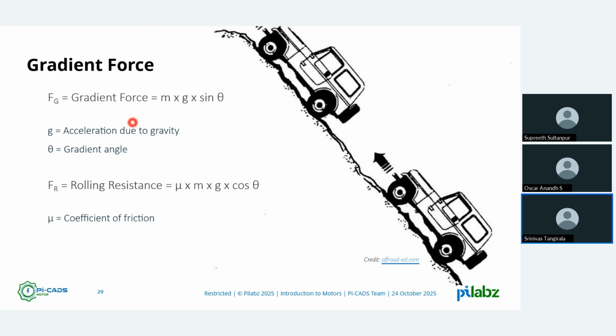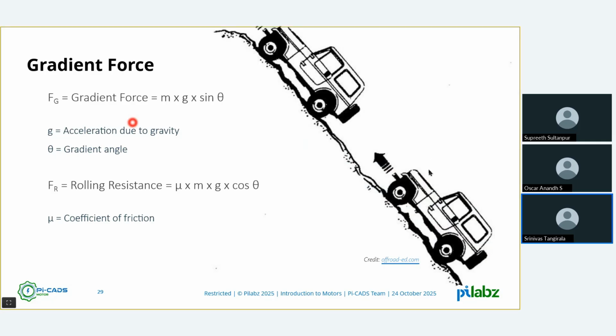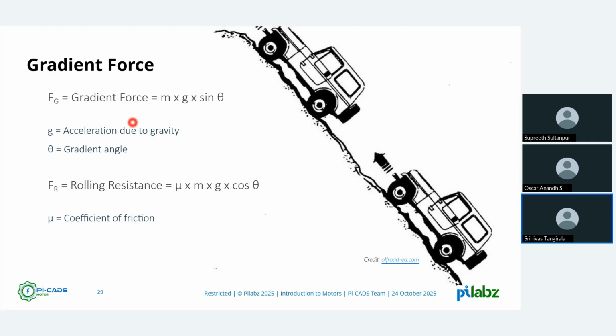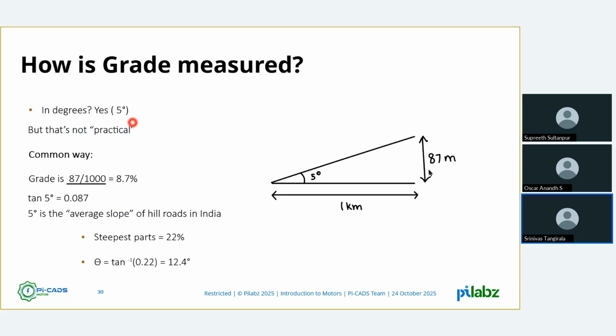The rolling resistance opposes the motion of the vehicle. And of course, mu is the coefficient of friction. This obviously varies whether you're driving on a muddy road or an asphalt road, depending on the type of road. So there will be some value of the coefficient of friction, but basically this is the formula for calculating the gradient force. Okay, next slide, please.